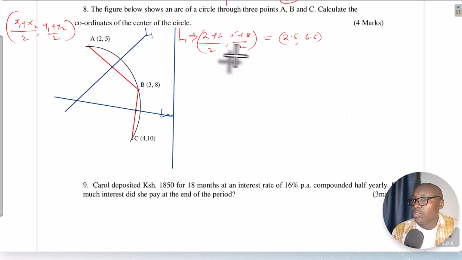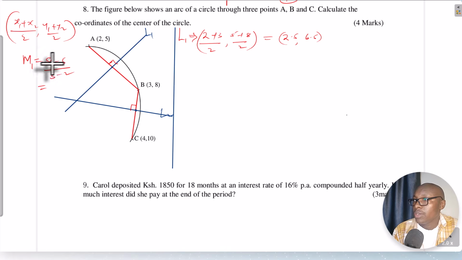Once we do that, we need the gradient. How do we get the gradient of that line? We'll be assisted by the gradient of this line. When these two lines are perpendicular, the product of the gradients should be -1. So if I get the gradient of this line, m1, it will be change in y, that is 8 minus 5, over change in x, 3 minus 2.